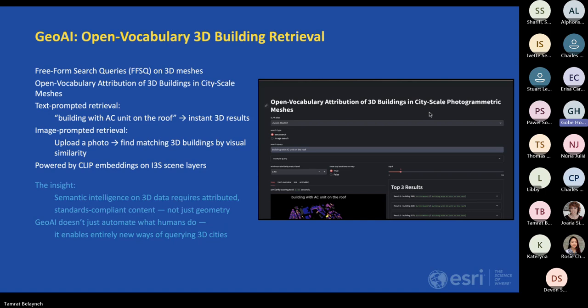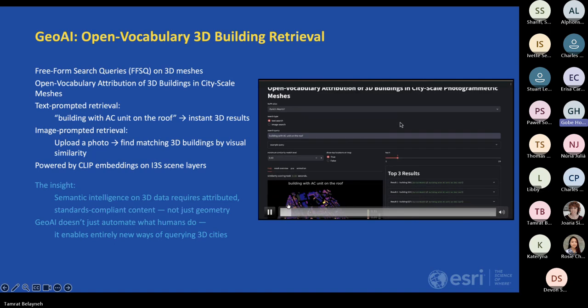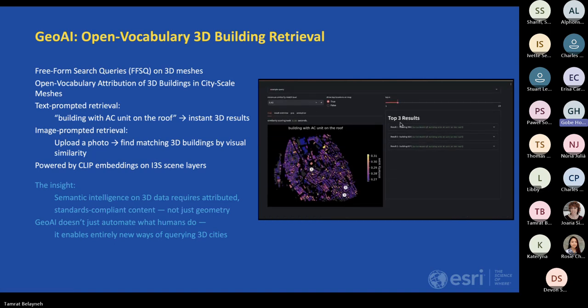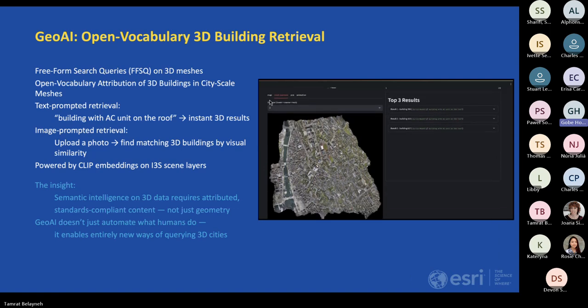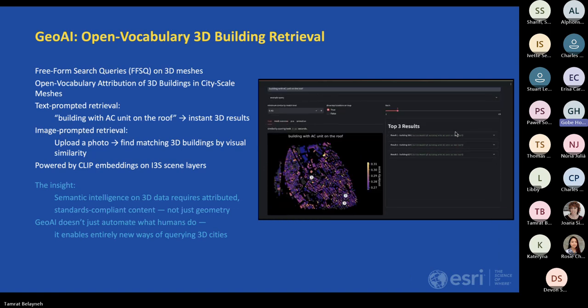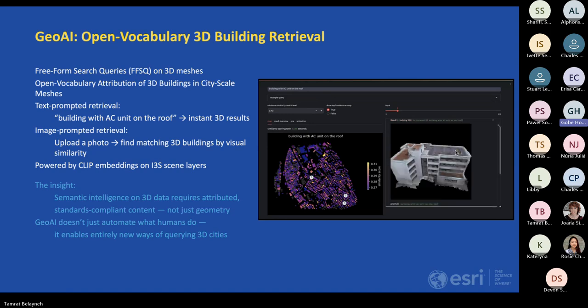So here's one example. Maybe there's a video here that I can play. Using open vocabulary attribution and free-form search queries in a geospatial context, here's one example. So I have a city, and I would like to find buildings with AC on the rooftop, right?